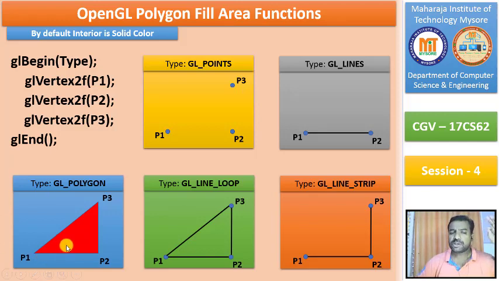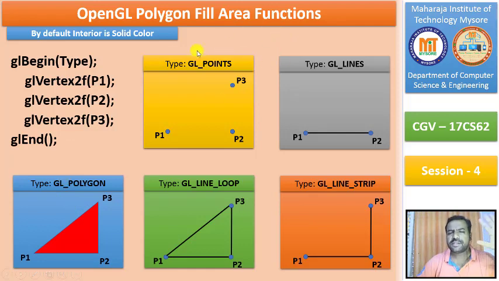Fine. One more important point you should note down here is that whenever you want to have a polygon, you need to have at least 3 vertices, 3 points. If you have less than 3, GL polygon will display nothing on your display window.